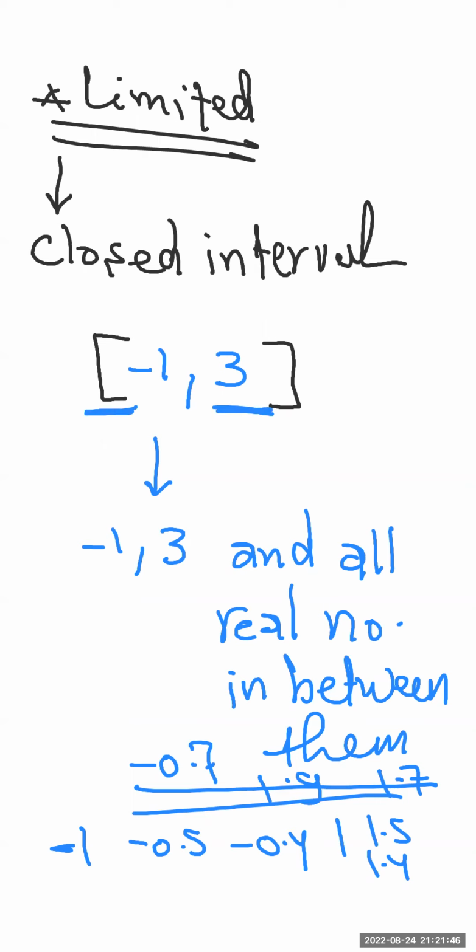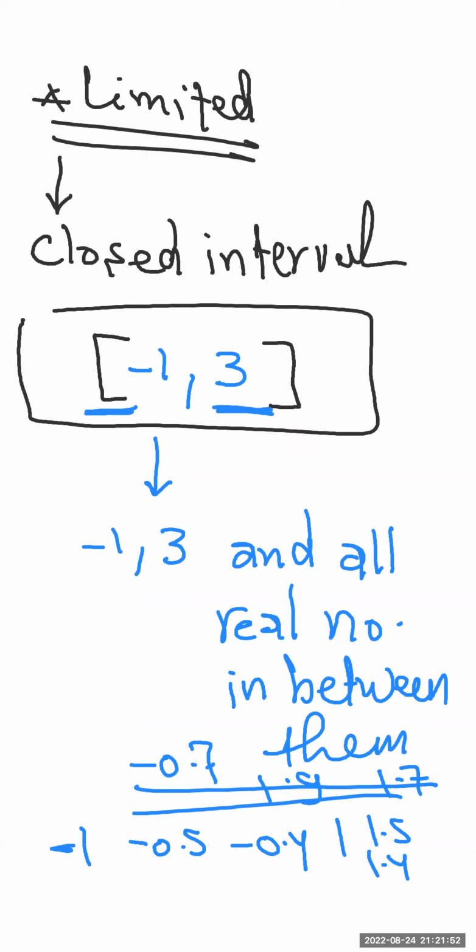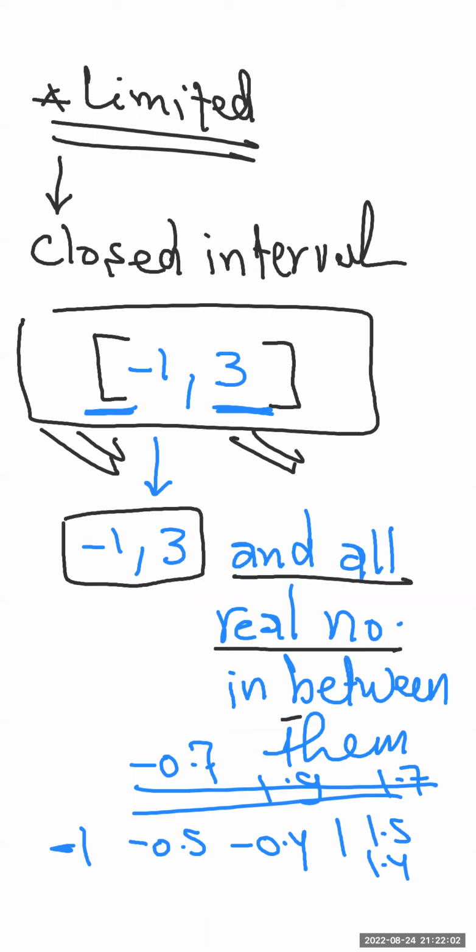So I'm very clear now. I said the closed interval starts at -1, ends at 3, and consists of these two elements and all real numbers between these two elements.